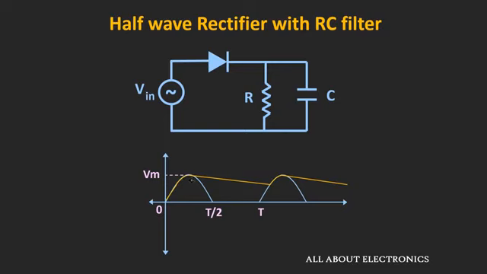Up to this voltage Vm, the capacitor charges through this diode, and then after that it gets discharged through this resistor R. Due to the charging and discharging of this capacitor, we will get this kind of waveform. If you observe this waveform, still it is not purely DC output voltage, and still it has some finite ripple.